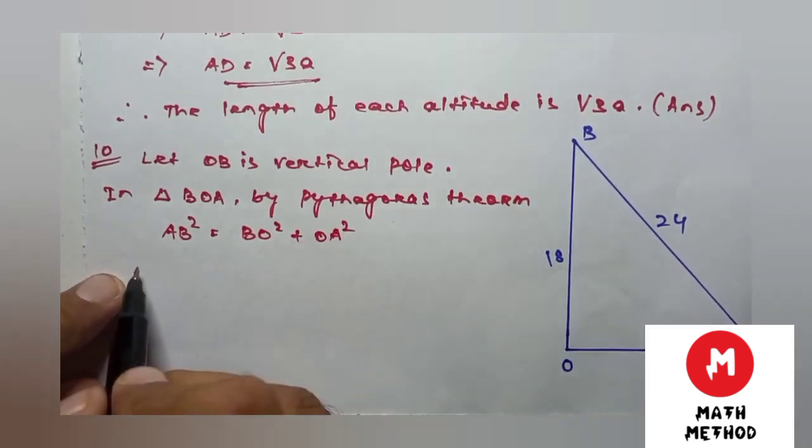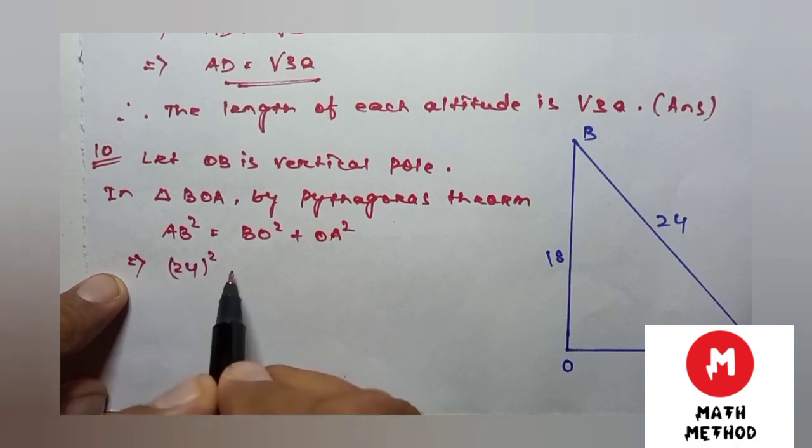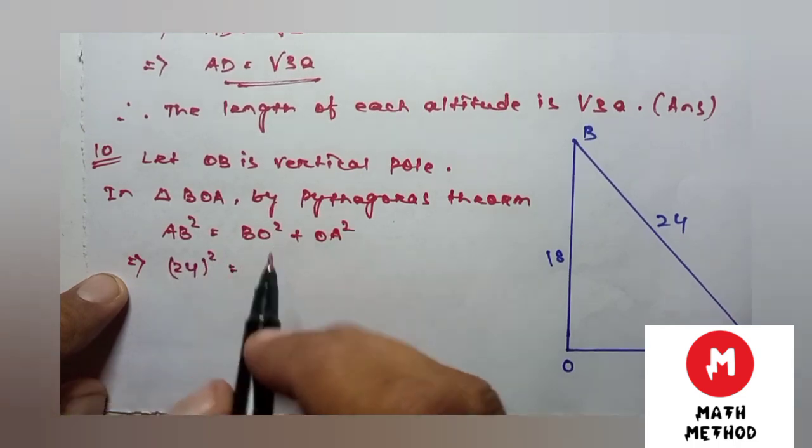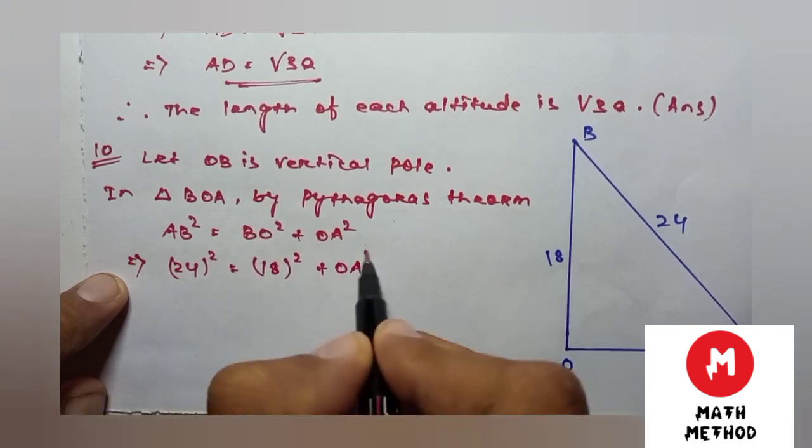Clear? So here this is our given 24 whole square is equal to BO, our 18 given, square plus OA square.